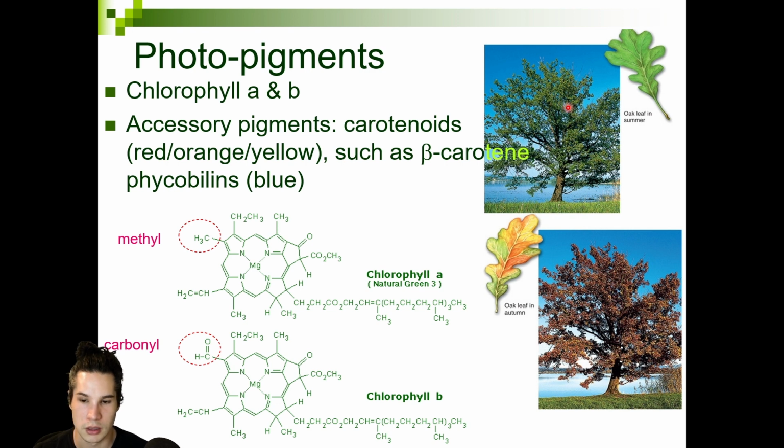Typically, a lot of your photopigments will reflect green as well as chlorophyll A. With the change in the seasons, chlorophyll A and chlorophyll B start to decompose. What's left are things like beta carotene, which has an orangish, reddish color. Then you'll see red in the leaves, which is representative of the remaining accessory pigments.